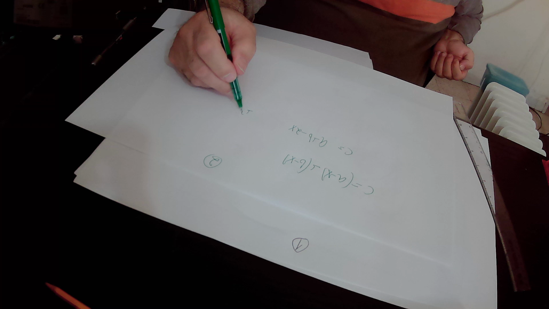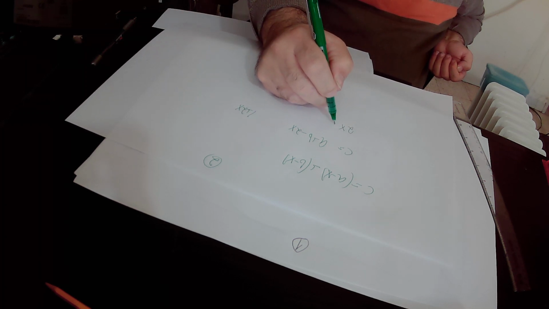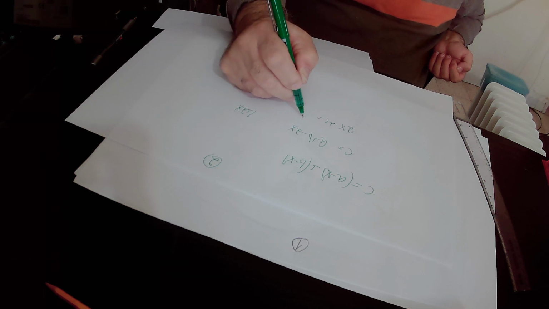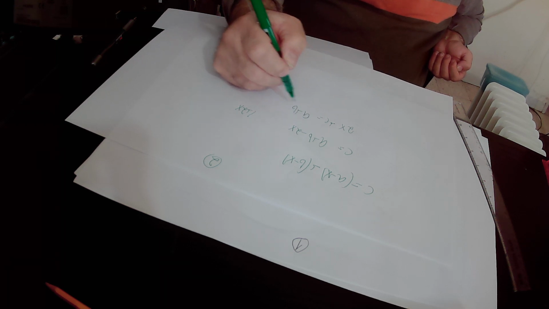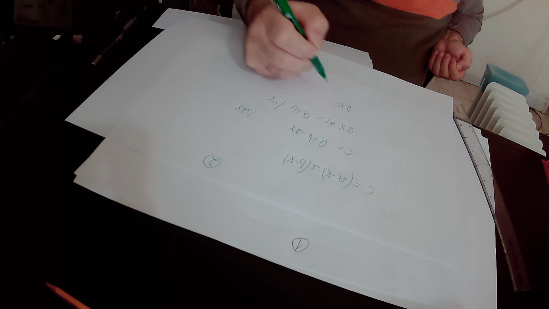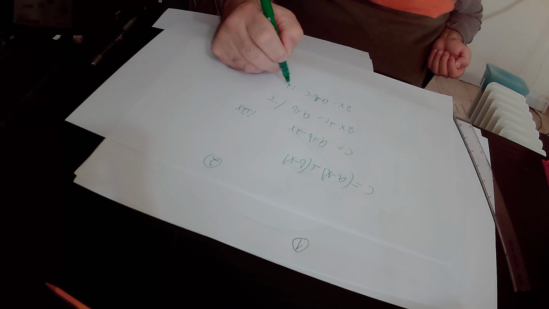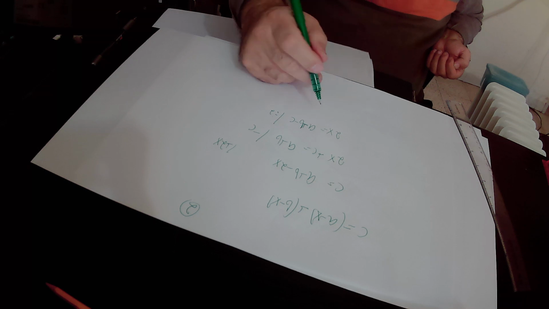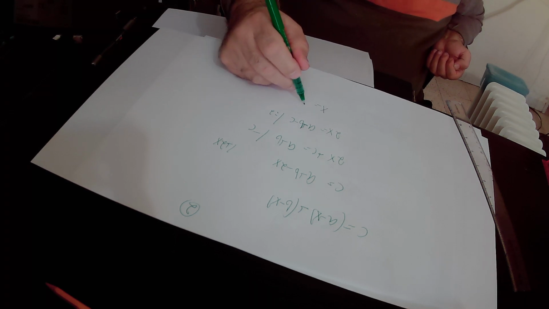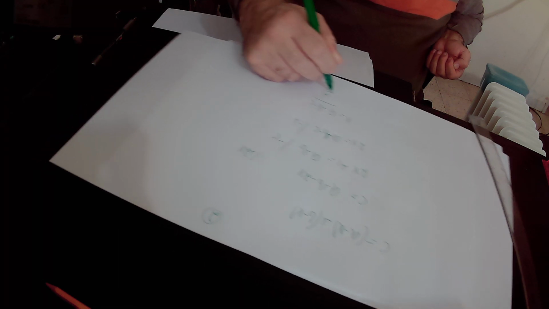You add 2x to this equation and we get that 2x plus c equals a plus b. We subtract c from this equation and we get that 2x equals a plus b minus c. We divide this equation by 2 and finally we get that x equals a plus b minus c over 2.